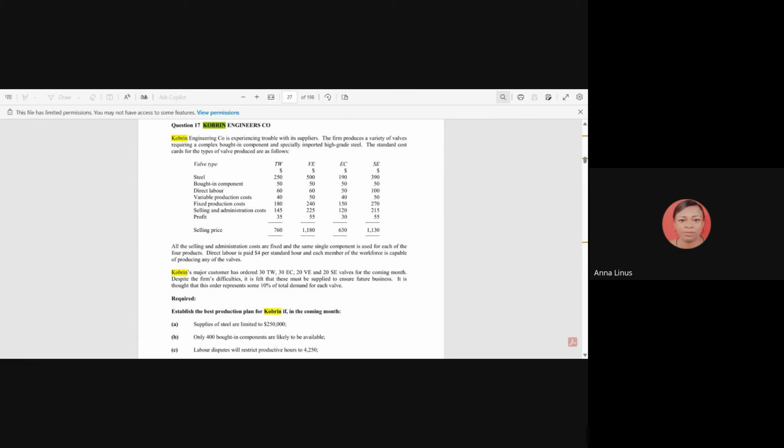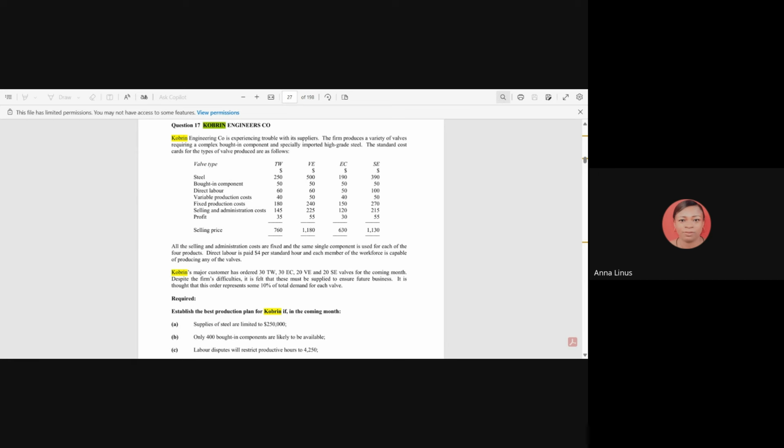Button component TW 50, VE 50, EC 50, SE 50. Direct labor 60 for TW, VE 60, EC 50, SE 100. Variable production cost 40 for TW, VE 50, EC 40, SE 50. Fixed production cost TW 180, VE 240, EC 150, SE 270.